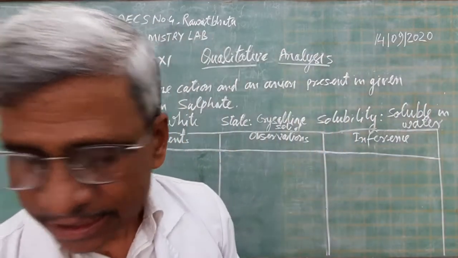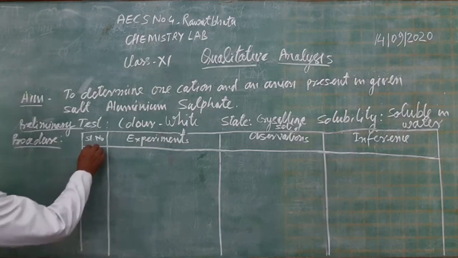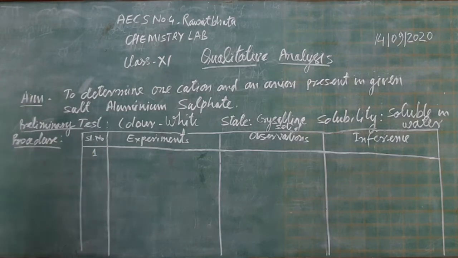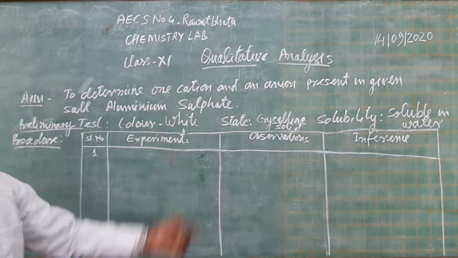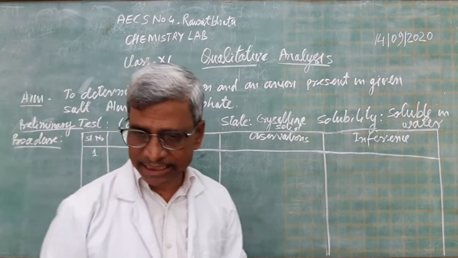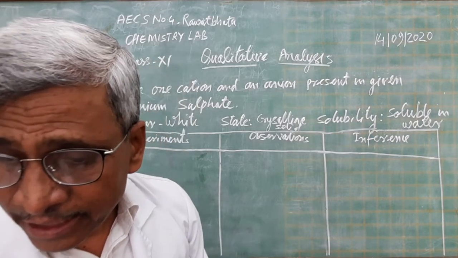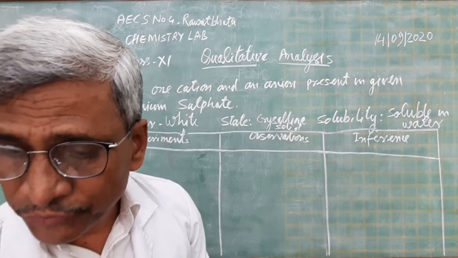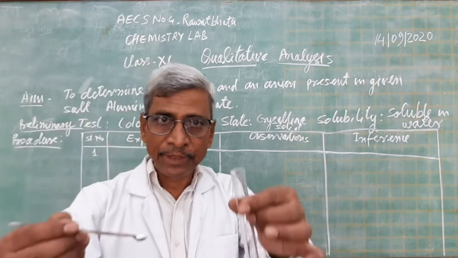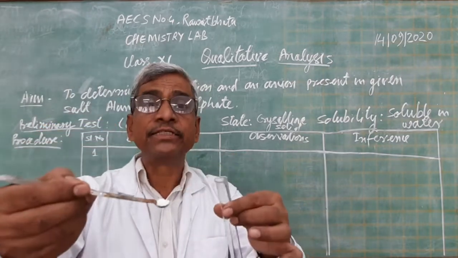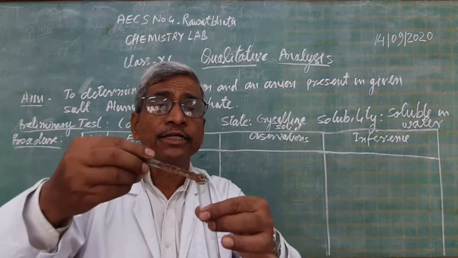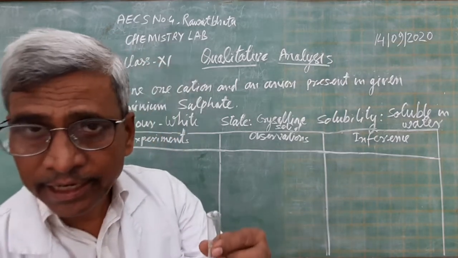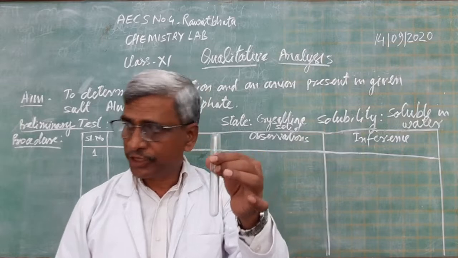Serial number 1. I am taking anion analysis first, then cation. It starts with the dilute sulfuric acid test. Take a pinch of salt, which is white in color, in the test tube, and add dilute sulfuric acid.